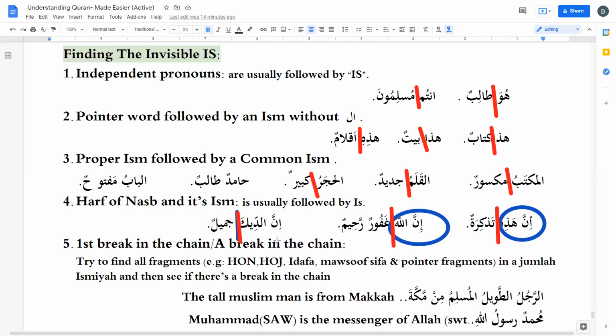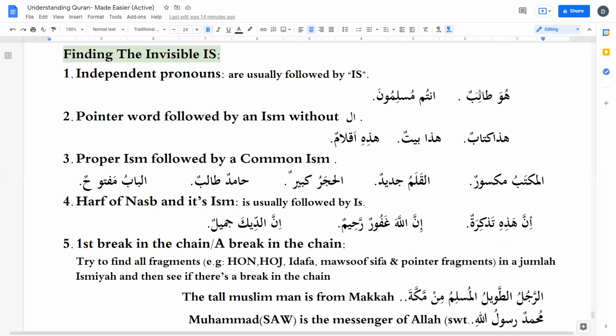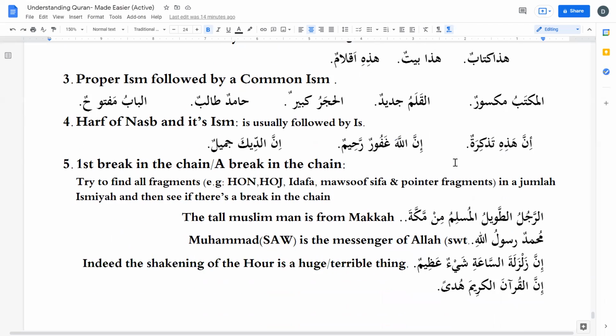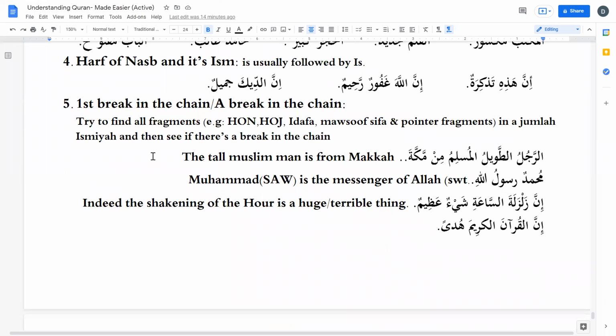Okay, now the fifth one. Let me scroll this down. Yes, if there is a break in the chain. If two or three words are from the same fragment, then the components of the fragment are chained together.